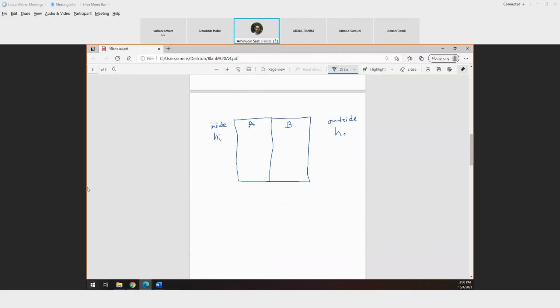If contact resistance is negative, your thermal resistance diagram will consist of 4 resistances.